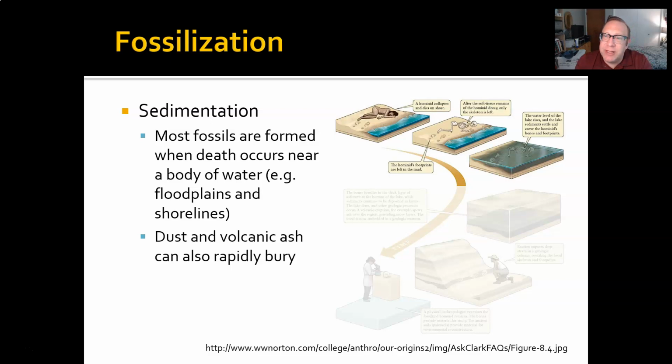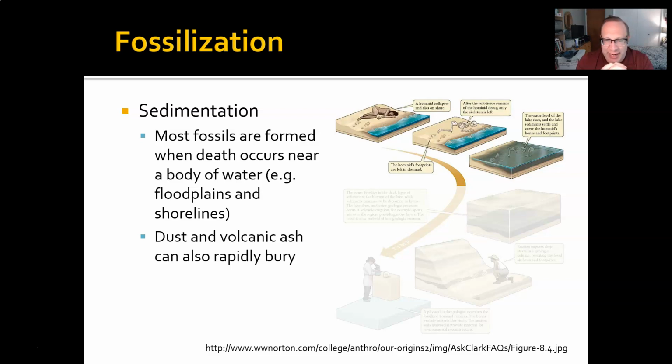It doesn't have to be a lakeshore. Lakes are great because they drop sediment constantly. Floods drop sediment rapidly. But volcanoes are a great source of fossilization as well. Dust and volcanic ash can bury things very quickly.